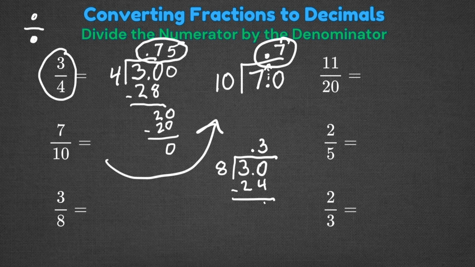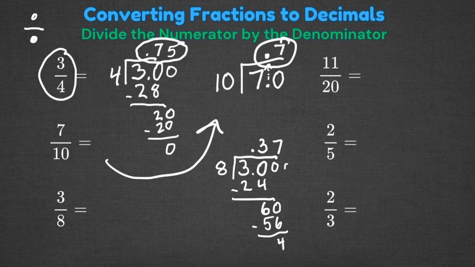30 minus 24 is 6. I'm going to need to bring down another 0, and so now I have 60. 8 goes into 60 7 times. 7 times 8 is 56. And I'm going to be left with a 4.